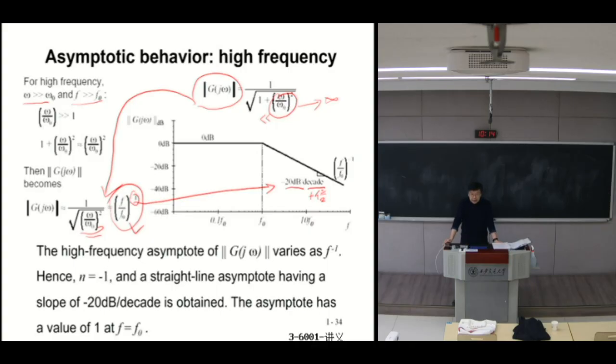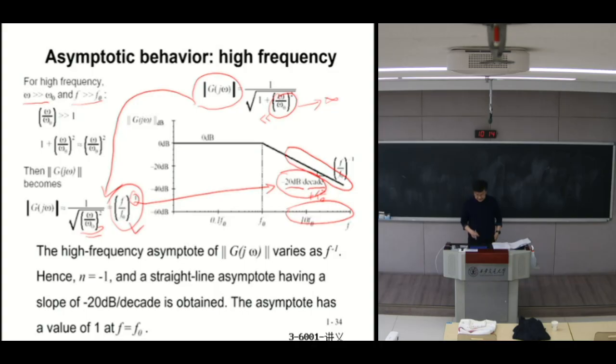For every 10 times of frequency change on the horizontal axis, the vertical axis decreases by 20 dB. That's the slope, minus 20 dB per decade. We simply call that -1 slope. So when we are dealing with the high frequency part of the transfer function, it is approximately represented by another straight line with -1 slope.